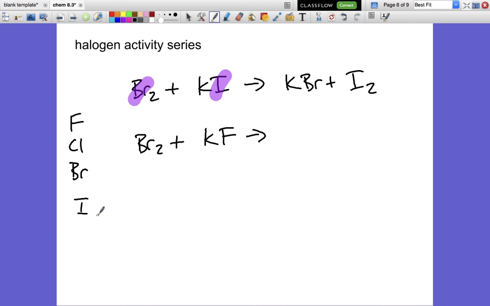That means iodine is the least reactive of these 4 elements. So bromine can replace iodine because bromine is higher than iodine on the list, whereas bromine cannot replace fluorine because it's lower on the list. So in this second example here, I'd actually get a no reaction.